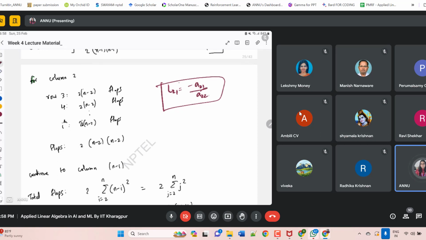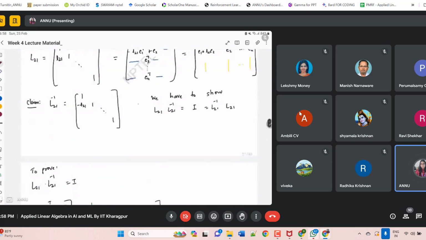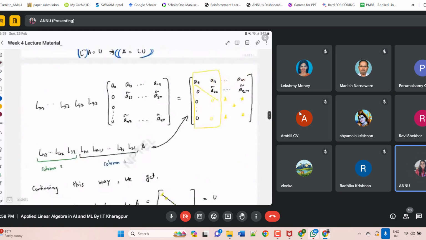Suppose A is a matrix with A11, A12, A21, A22. The L21 that you are getting is minus A21 divided by A11. Similarly, the L31 you are getting is minus A31 divided by A11. So sorry, is this A22 or A11? The values we are getting are, for sure, fixed values only.